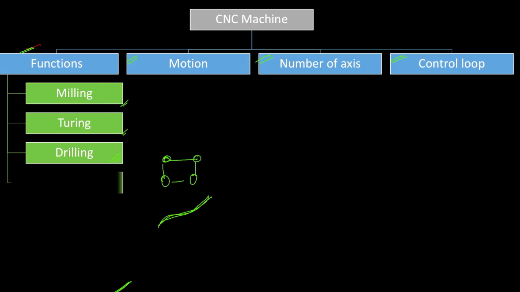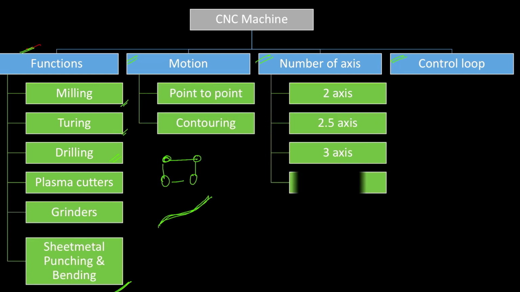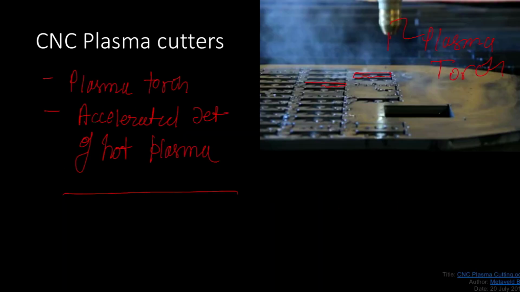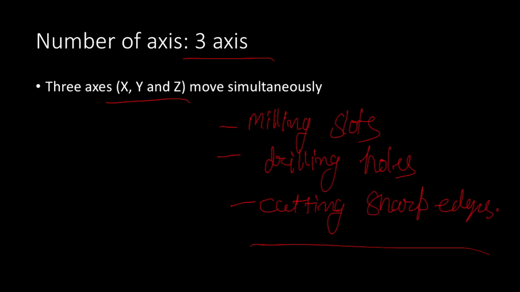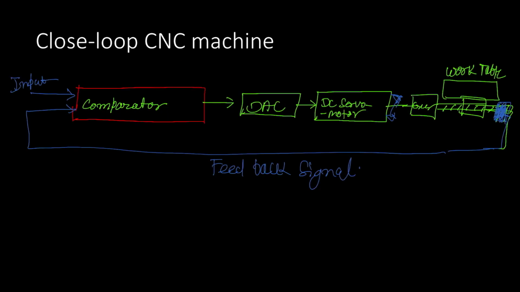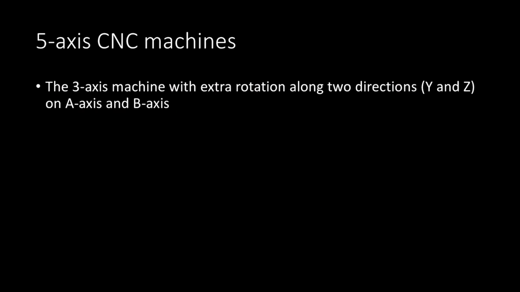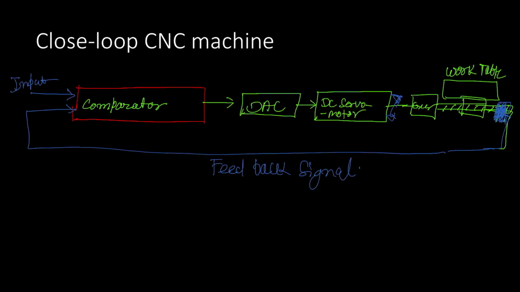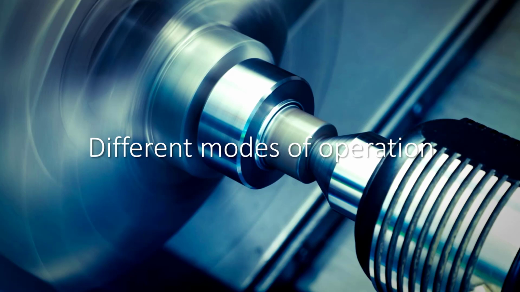In the previous lecture, we discussed the types of CNC machine, like open loop, closed loop, and the number of axes of CNC machines. But in today's class, we will discuss the different modes of operations of a CNC machine.